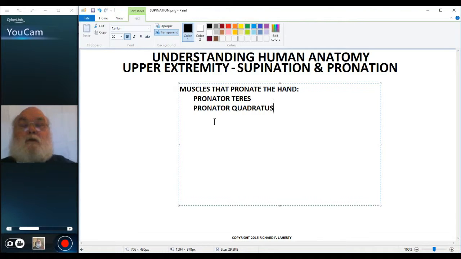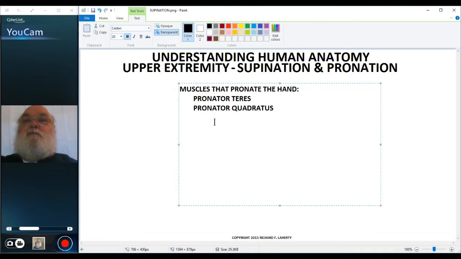It's a deep muscle of the anterior compartment of the forearm. You find it distal in the compartment, and it runs between the radius and ulna. And since it doesn't cross any of the other joints, it can only pronate.